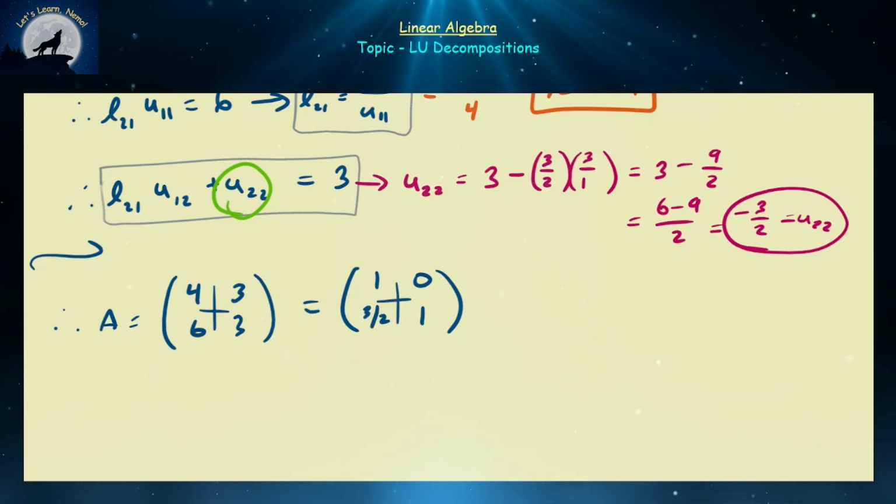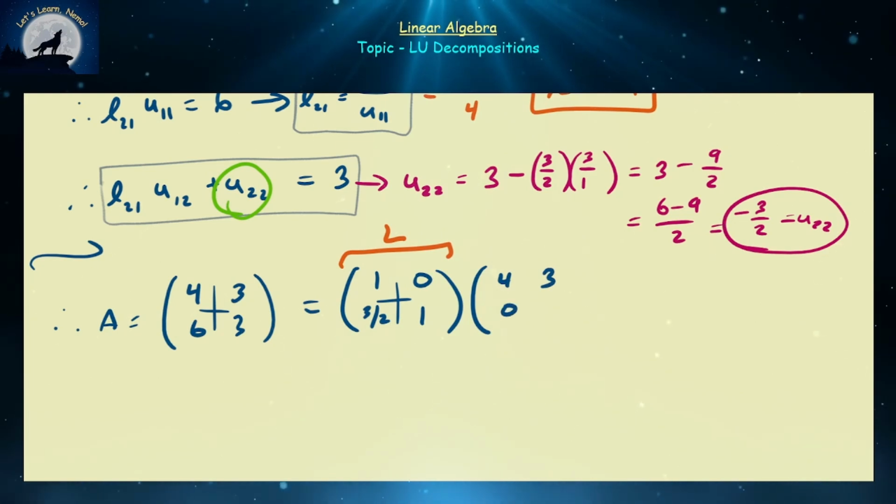So this is our L matrix, and then that's going to be multiplied by our U matrix, and we found that the first row of U is the first row of A, so that's going to be equal to 4, 3 always. 0 is always going to be in that bottom left-hand corner for a 2 by 2 U, and we found minus 3/2 for that particular value in the bottom right-hand corner.